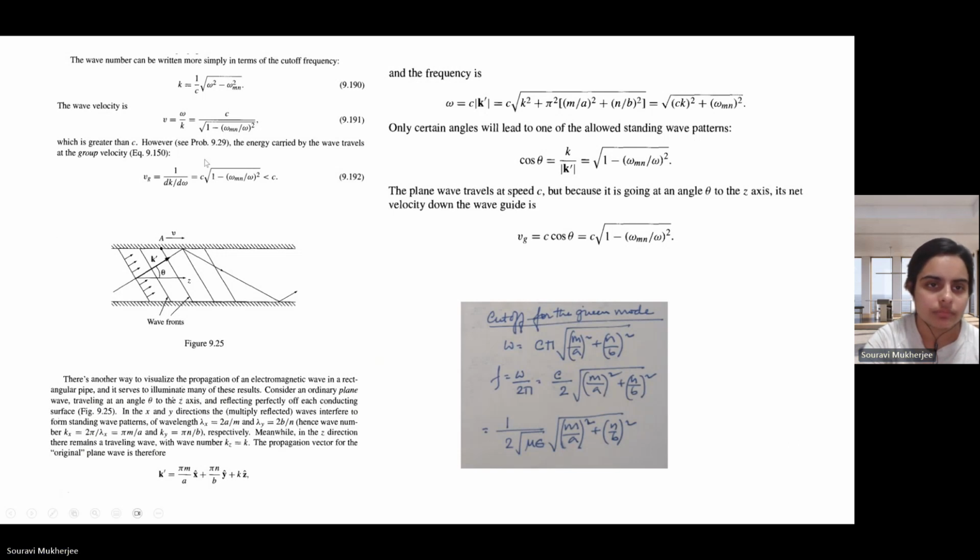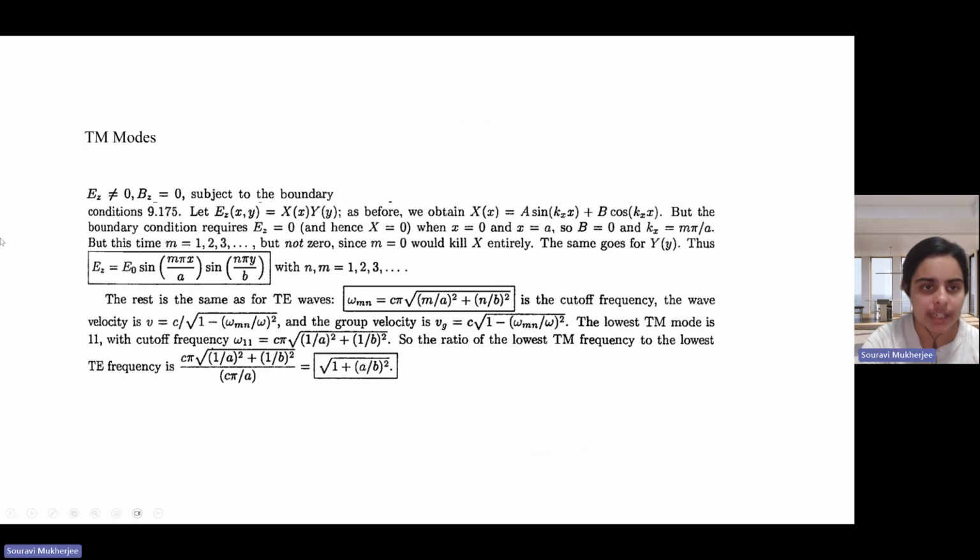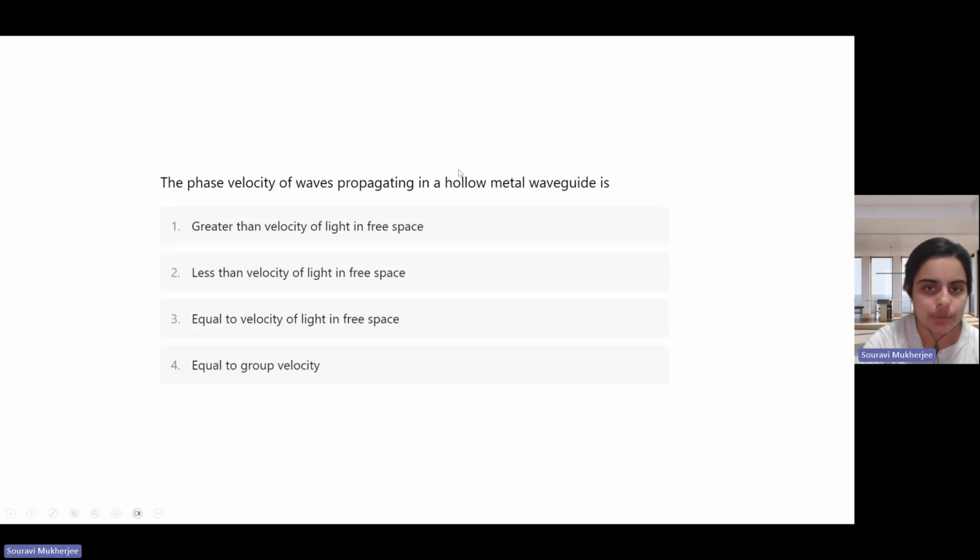So this is important to remember: the phase velocity of waves propagating in a hollow metal waveguide is greater than the velocity of light, okay? But the group velocity will be less than the speed of light, okay? Phase velocities are greater, and that tells us how the wavelengths differ inside the waveguide.